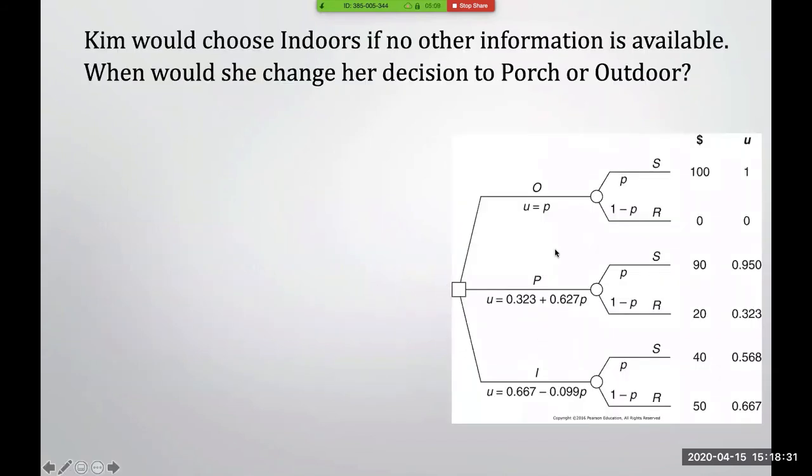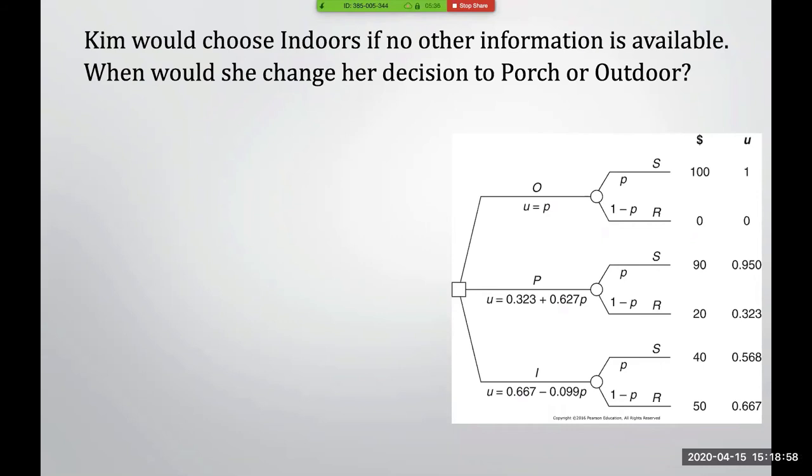So again, if we look at Kim's party problem, what we've known already is that given Kim's prior knowledge about the weather, that 40% is likely a sunny day and 60% likely it is a rainy day, given that probability, Kim would choose indoor.